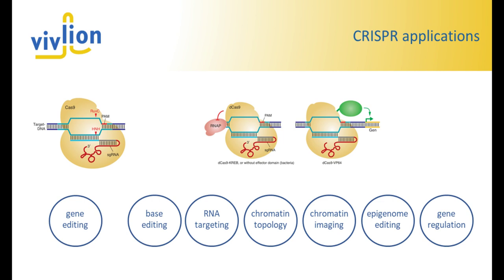But of course, the technology also enables much more than that. When combining, for example, with an inactivated Cas9 enzyme or a dead enzyme, we are able to perform base editing today, RNA targeting. We can change chromatin topology or even visualize chromatin. We can change the epigenome. And of course, by that, I also include CRISPR-A and CRISPR-I for the regulation of specific transcripts or genes.